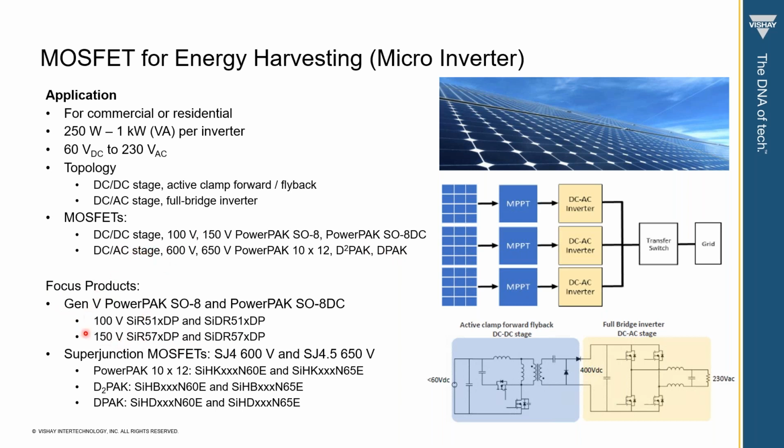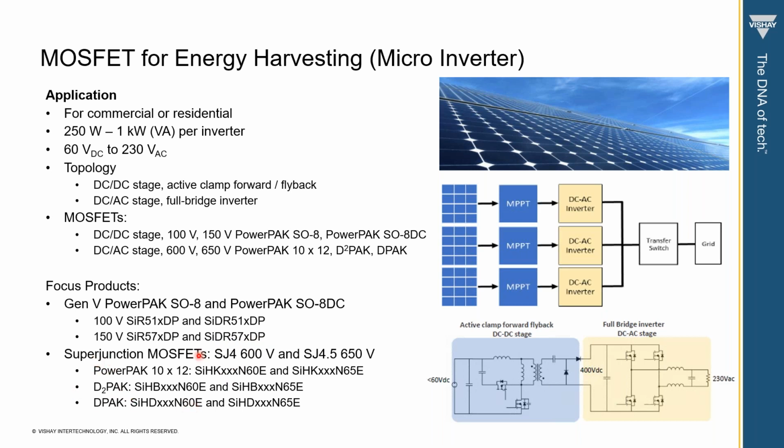Below are the focus products. For DC to DC, it is Gen 5. For the 100 volt, we have the SIR 51XDP series or SIDR 51DP series. For the 150 volt, it is the SIR 57XDP or SIDR 57XDP series.